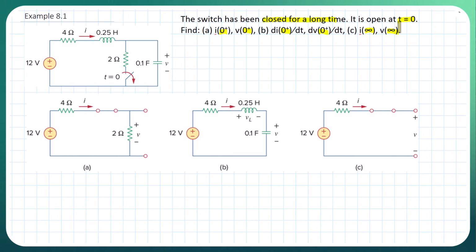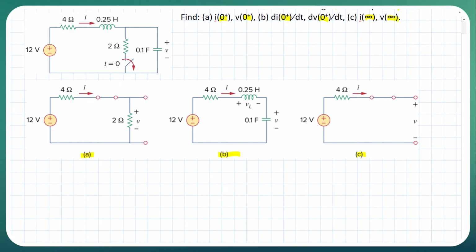So a couple things we want to do is we want to break this circuit down into different states. So I have here listed, of course we got the original circuit. I have here listed state 1, 2, and 3, where the first circuit here is going to be t less than 0, or as the book uses, t0 minus.